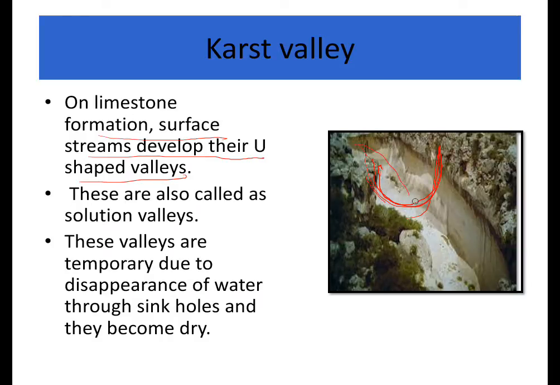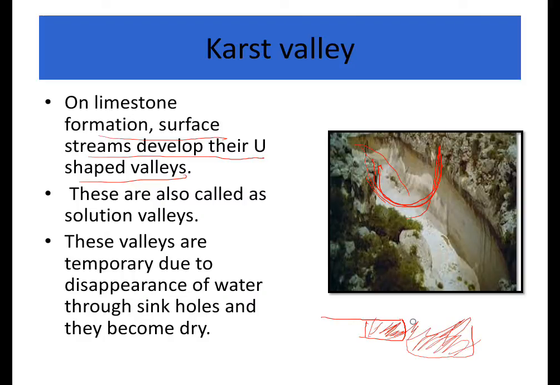So when it is flowing like this, suppose there is a differential height. In this region the river is flowing up to here, where limestones are there, but in this region limestone rocks are just below that as well.